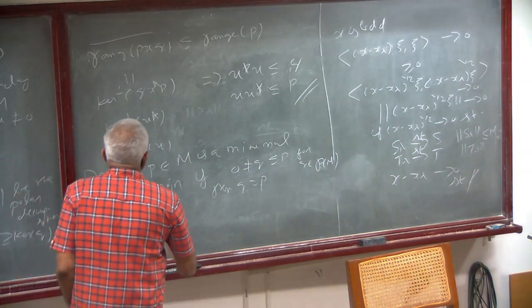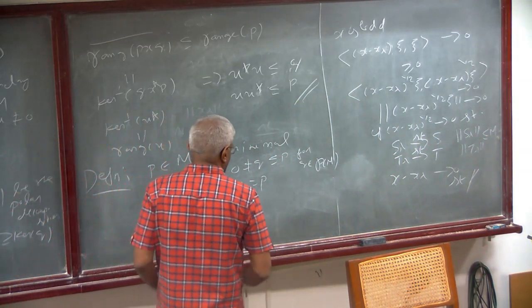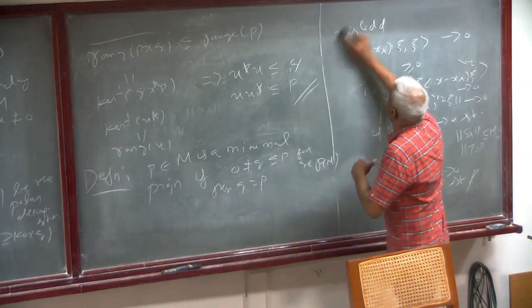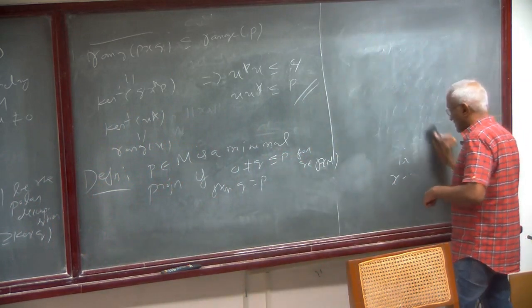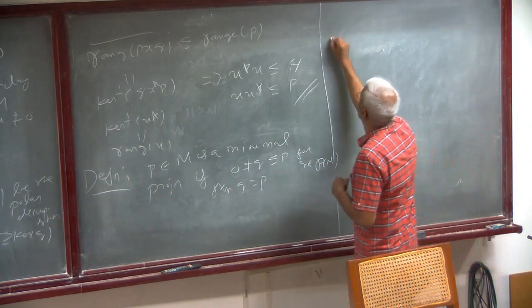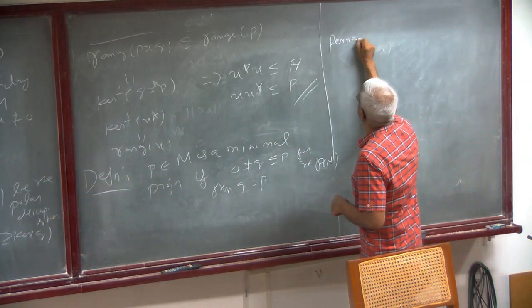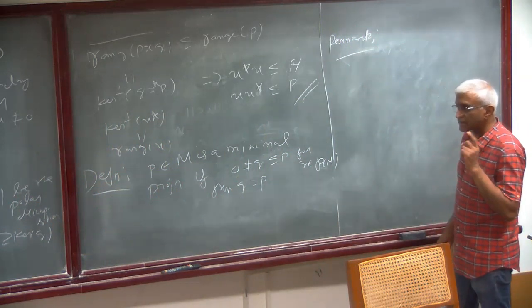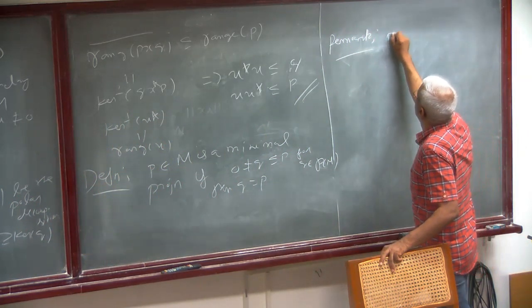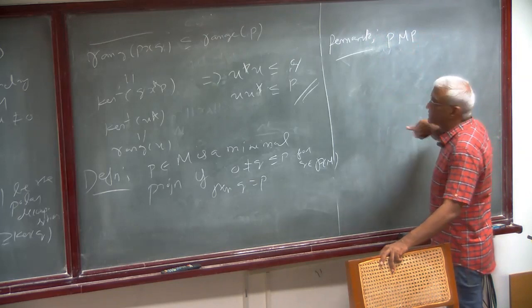Okay. So this is the definition. So from this, we want to have an immediate observation, not a corollary, as a remark. The first observation is PMP. This is a Von Neumann algebra, we know.